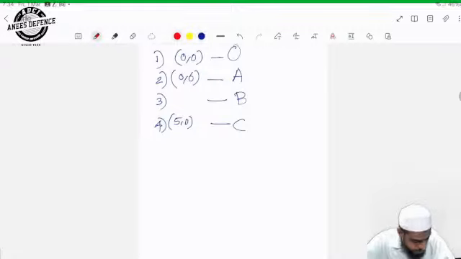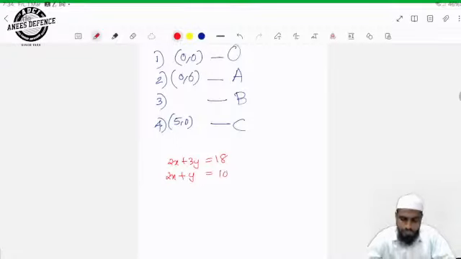Please look here. Our lines are, first line is 2x plus 3y equal to 18, and the second line is 2x plus y equal to 10. We need to take only equality because we are solving linear equations in two variables. So by using the elimination method, you will be able to find out the values of x and y.